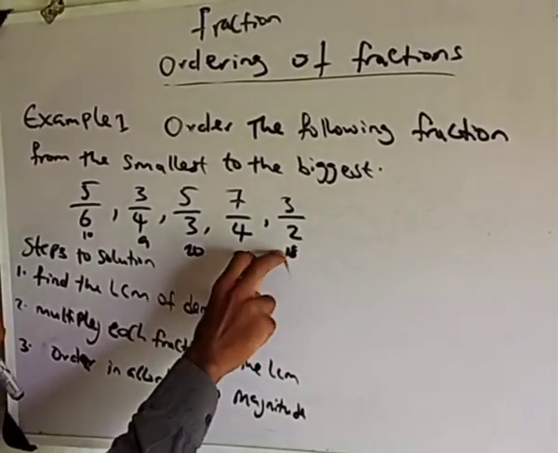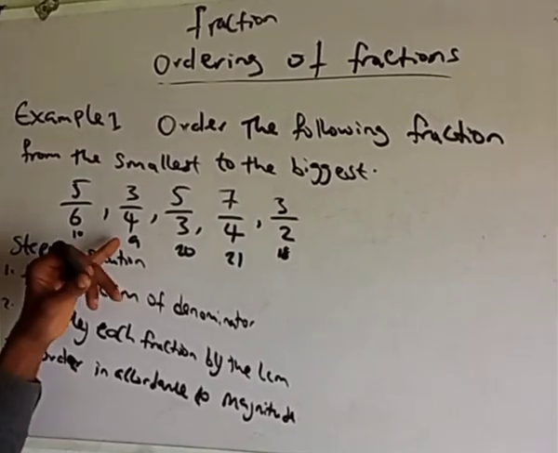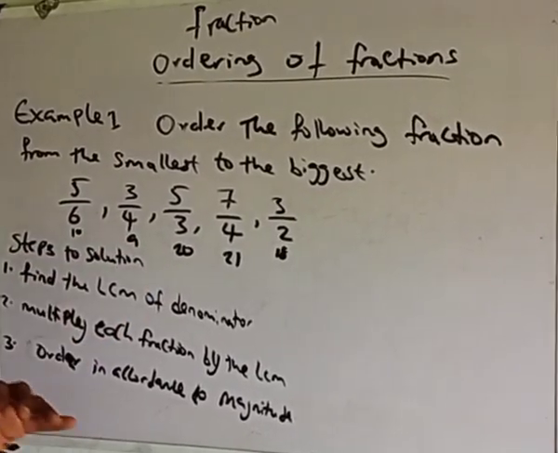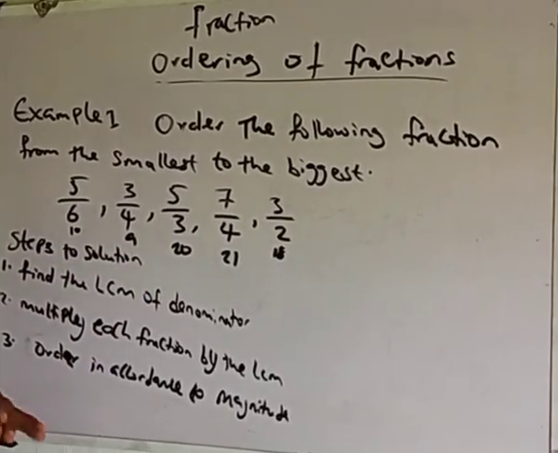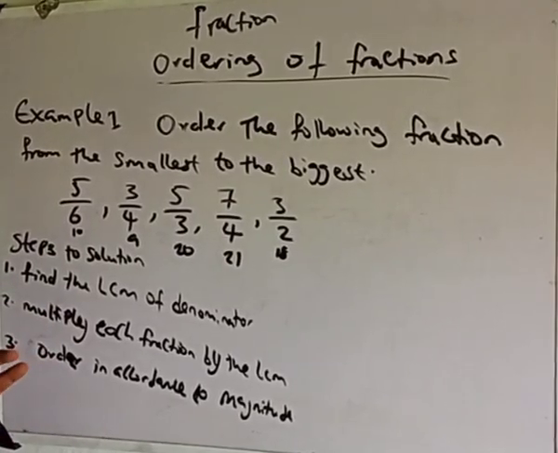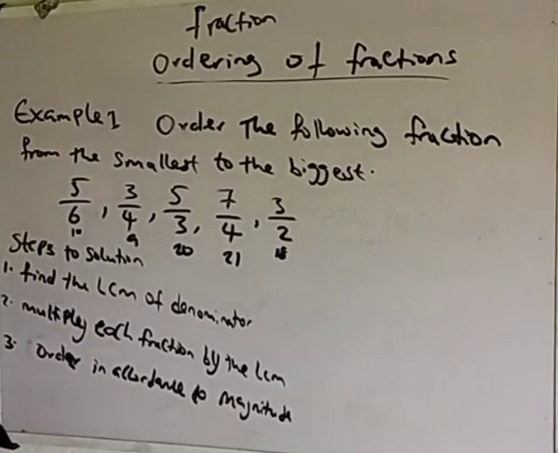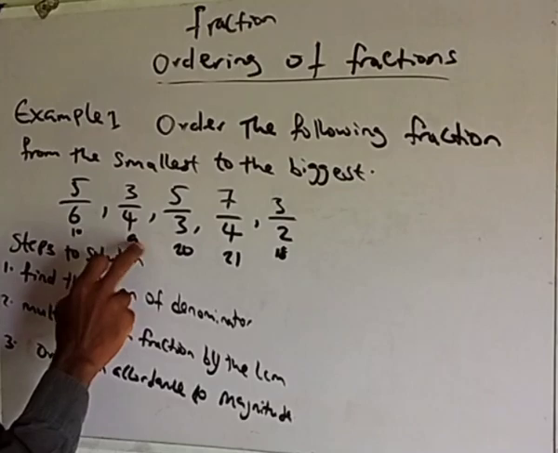Now, to arrange these fractions in order of their magnitude, the smallest value we have here means that it is the smallest fraction. Then the biggest value we have here means that it is the biggest fraction. Is that okay? Because we actually multiplied them by the same thing. So the smallest fraction here is 3 over 4, which gave us 9.